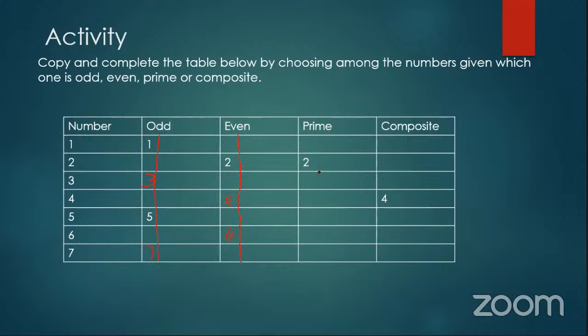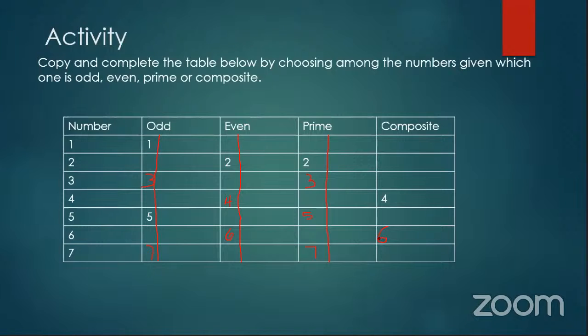Prime numbers are written 2, 3, 5, 7. And composite are written 4 and 6. Yes. Okay, thank you.